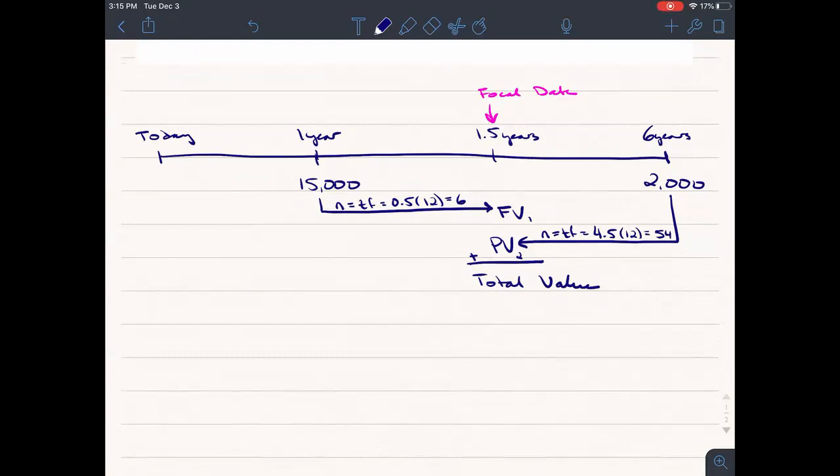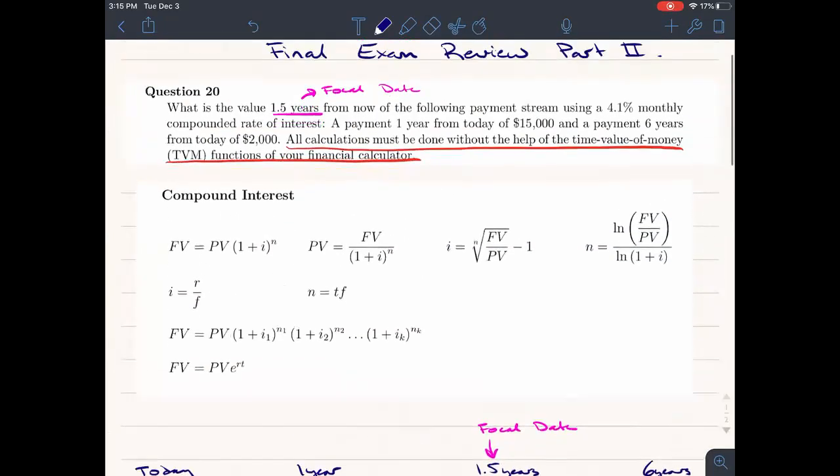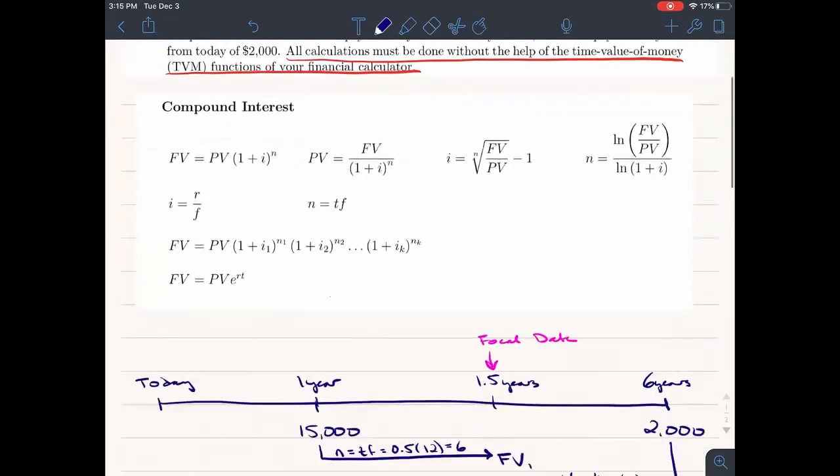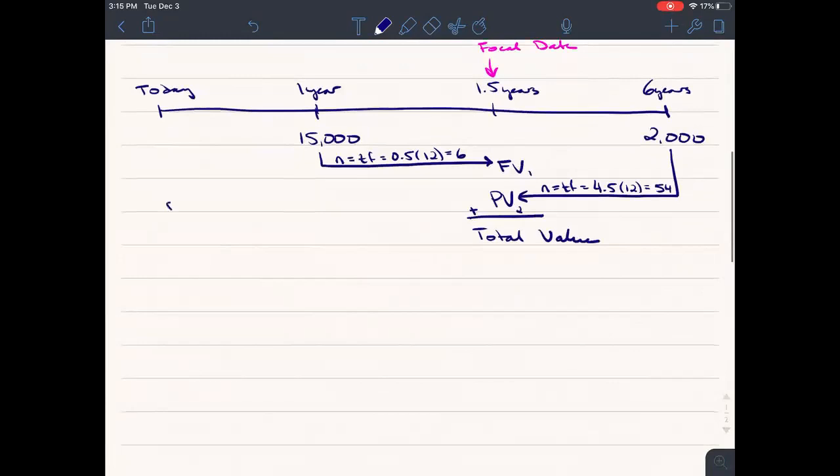For these problems, we just calculate I on the side somewhere, just so we have it. I'm going to highlight that R is 0.041. And I'll use the new notation, sort of new. Compoundings per year was 12, which is our F, which later on when we have payments is technically our F1.